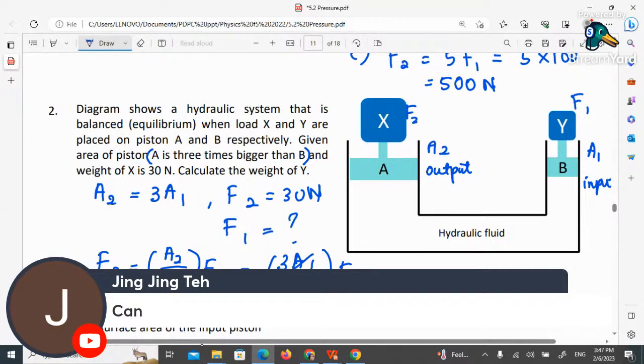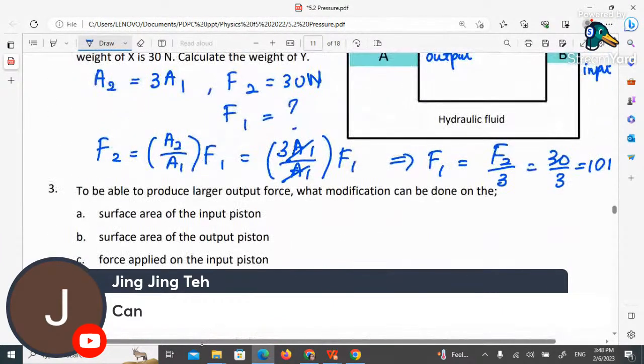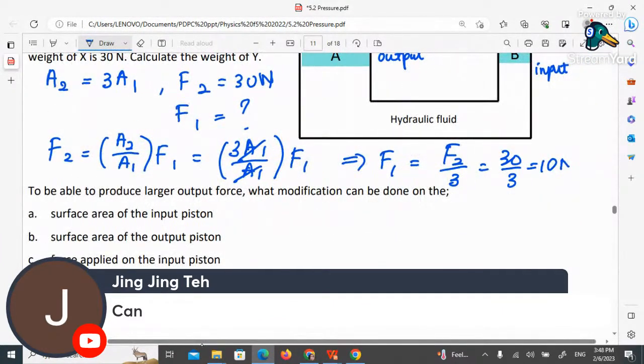So we get F1, or Fy is also fine. F1 equals F2 divided by 3. That means 30 divided by 3, 10 Newton. So an input of 10 Newton produces an output of 30 Newton.